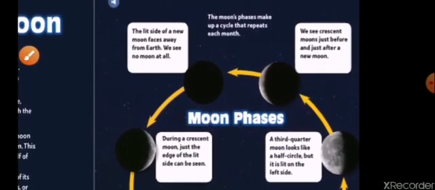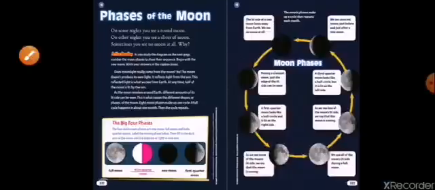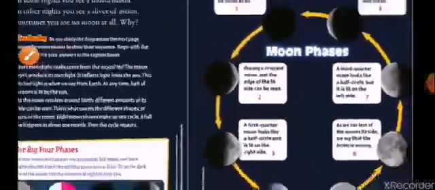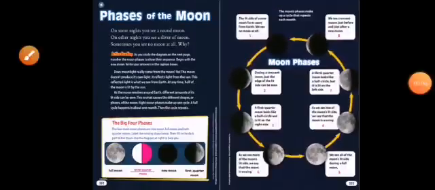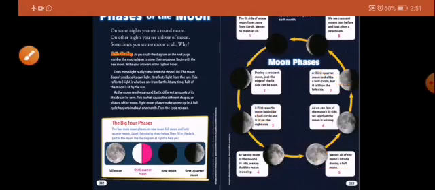And the last moon phase in this cycle that takes 1 month will be the crescent again. So as we say, we have 4 big moon phases. If you look carefully in this page, you will find the big 4 phases for the moon. As we say before, the new moon, the first quarter moon, then the full moon, and the third quarter moon.